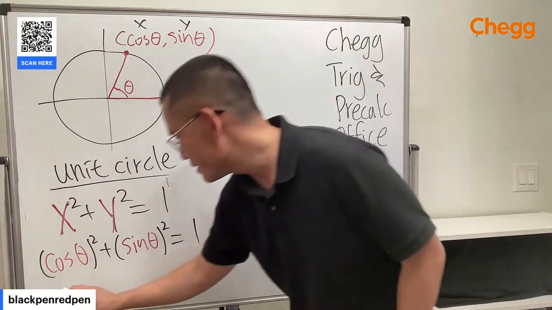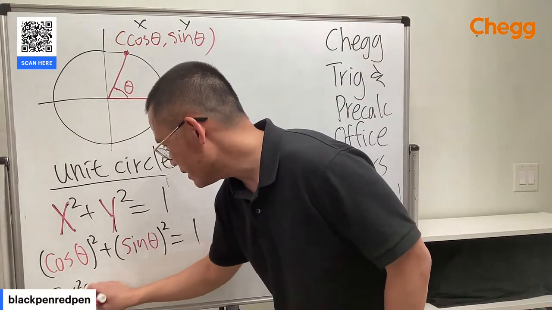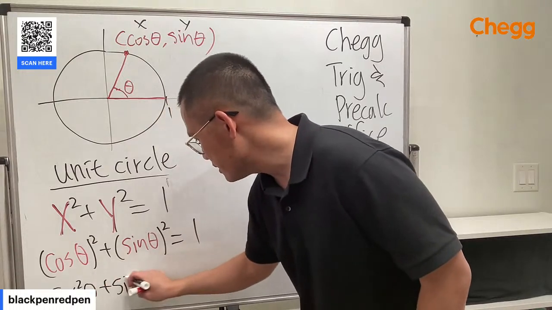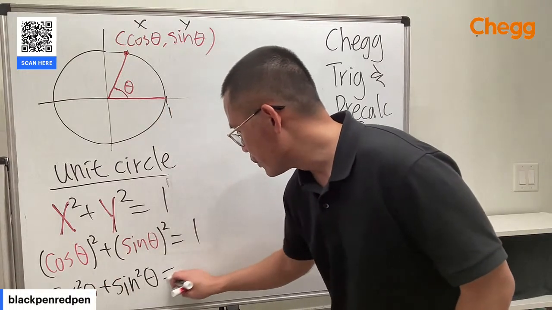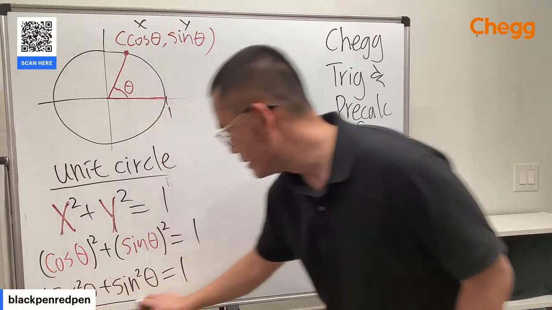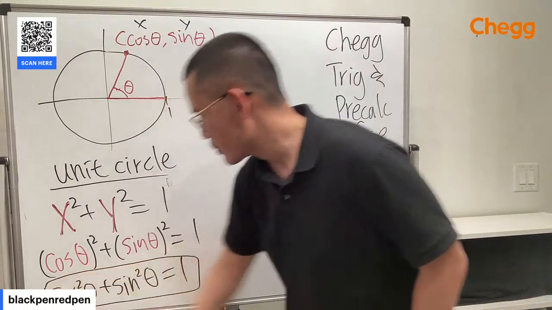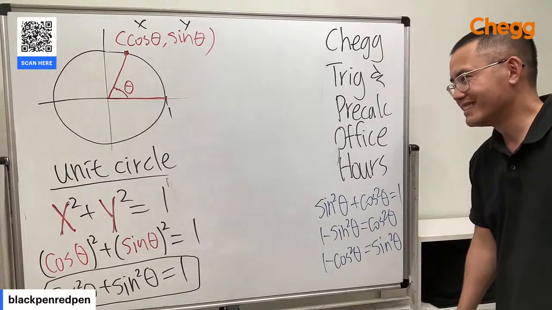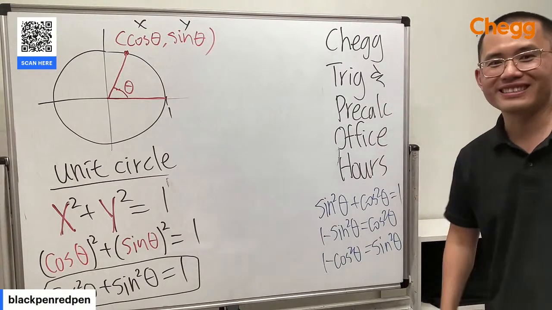And congratulations, here we have it. Cosine squared theta plus sine squared theta is equal to 1. Perhaps the most common trig identity that you have to use for your trig and precalculus class, and also calculus, of course.